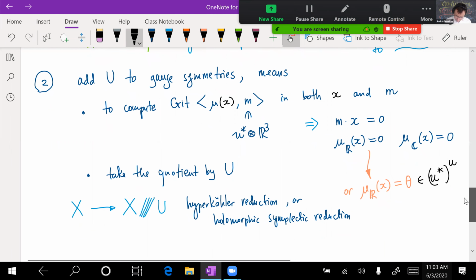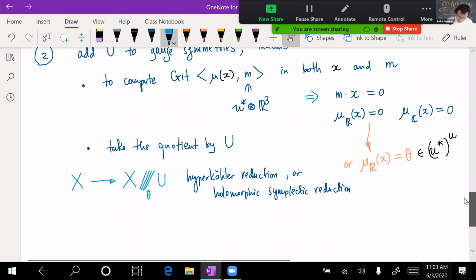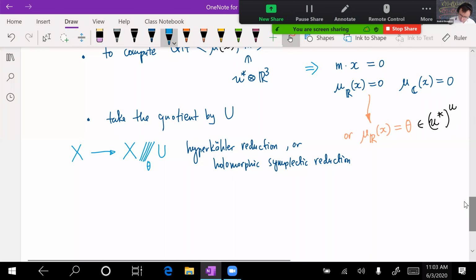Okay. And when we put this theta here, that theta corresponds to a choice of polarization in the holomorphic symplectic reduction. The dual part is that instead of the M line, you get this theta line.